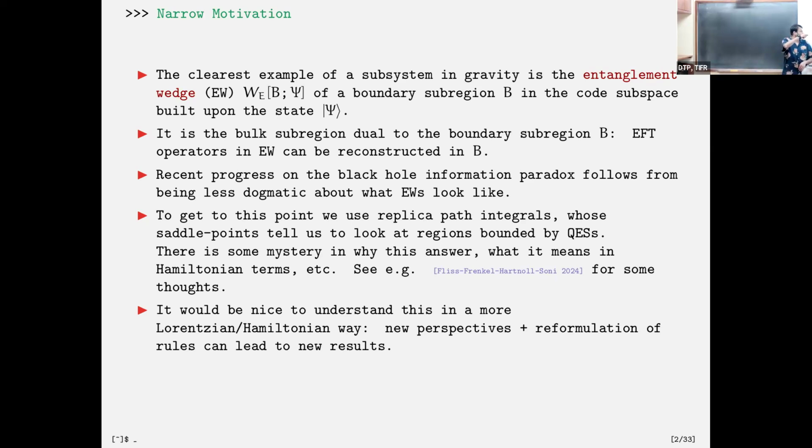Well, there is one Lorentzian argument also, which is due to Omkar and Lukovic. Mine is slightly different, let me just say. Basically they think about the case when you have a U(1) symmetry in the boundary replica path integral.